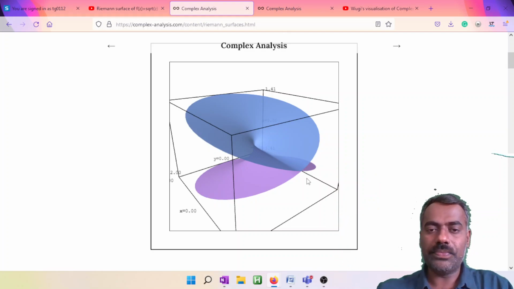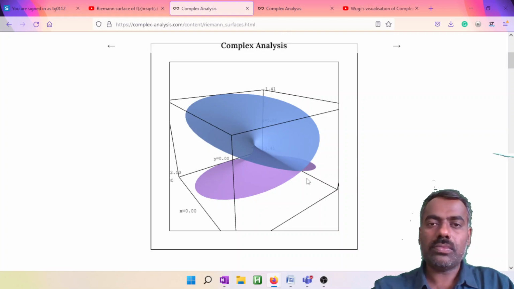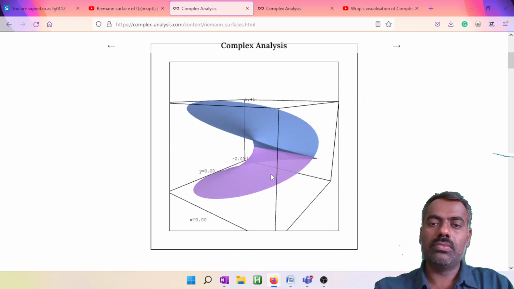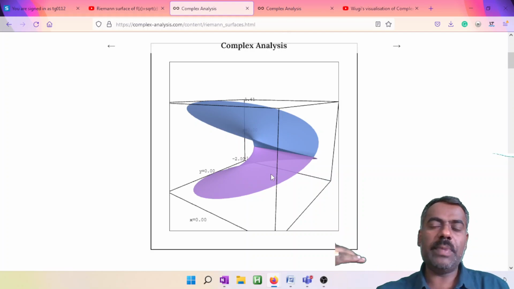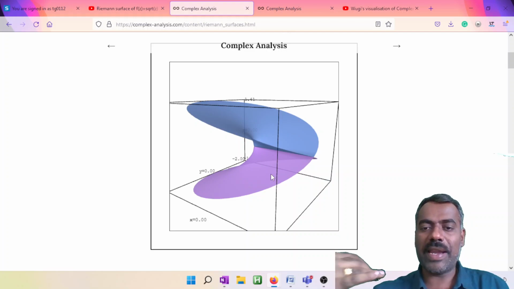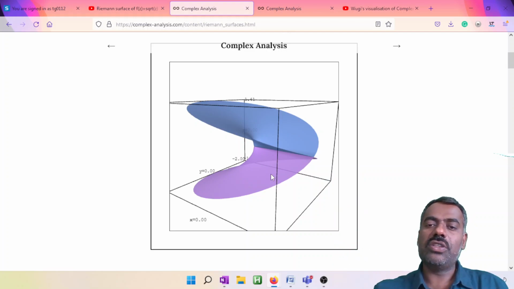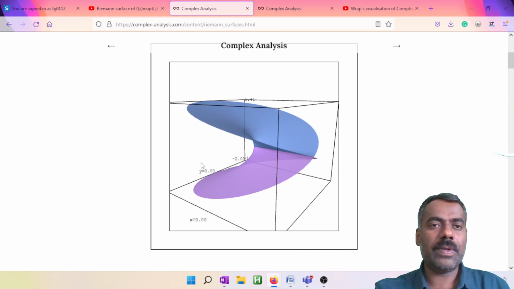Is that clear? Yes or no? Just assume, for example, when you go to big cities, you have parking on different floors, right? You go around one entire circle, and instead of the ground floor, you reach the first floor, right?